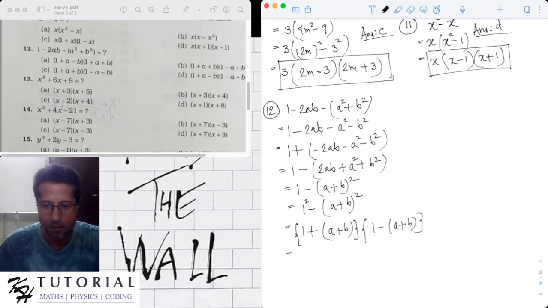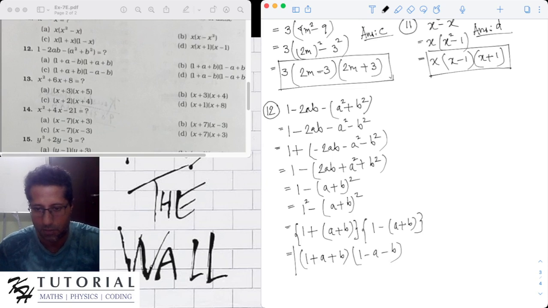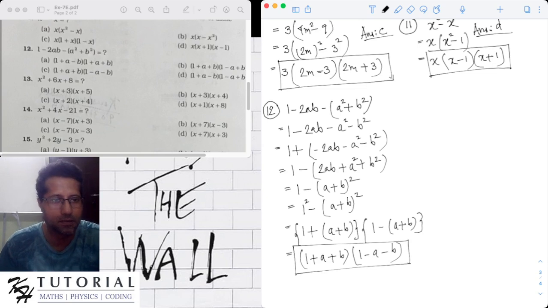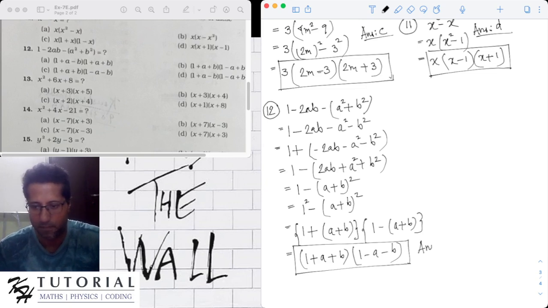Now this will be 1 plus a plus b multiplied by 1 minus a minus b. So this is the final factorization, and hence the correct choice is C. C is the correct choice.